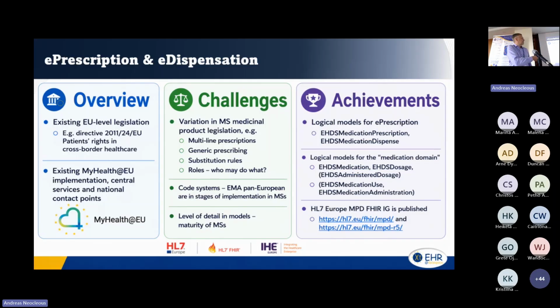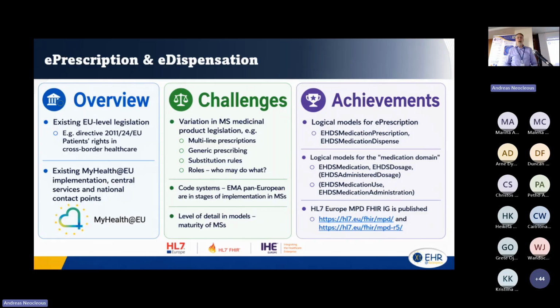So, for example, medication use and medication administration. And then we also collaborated. HL7 Europe had already started working on FHIR implementation guides for medicines prescription and dispense, MPD, which means something else in other contexts.